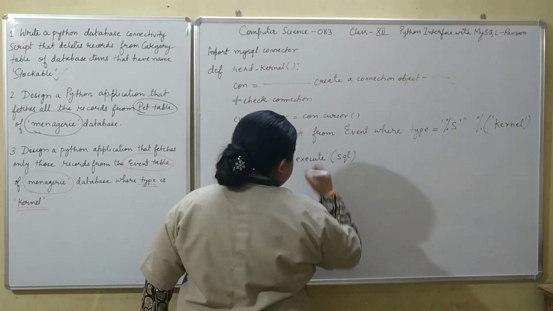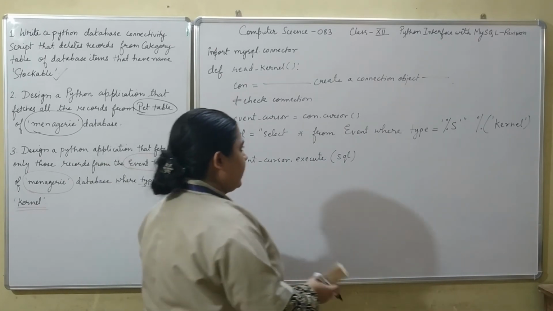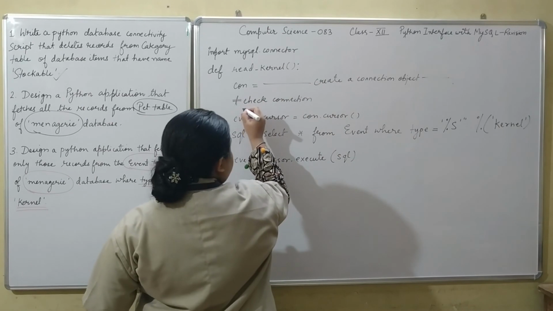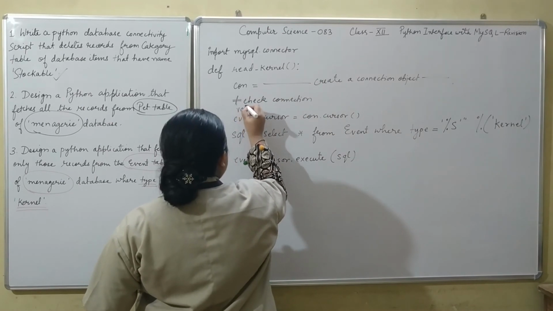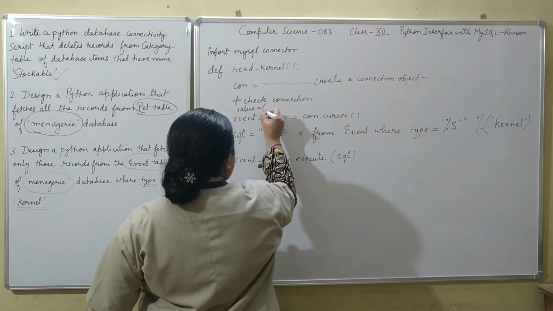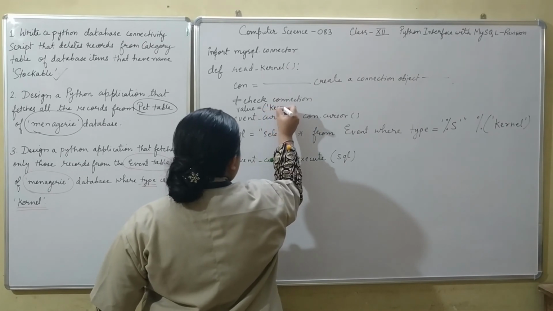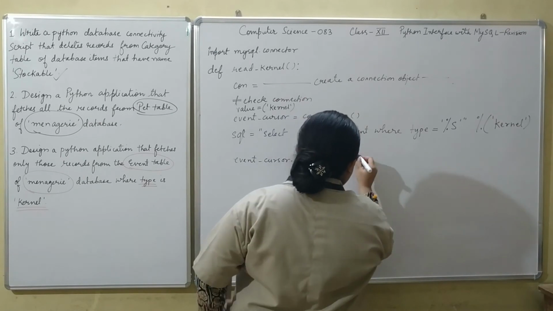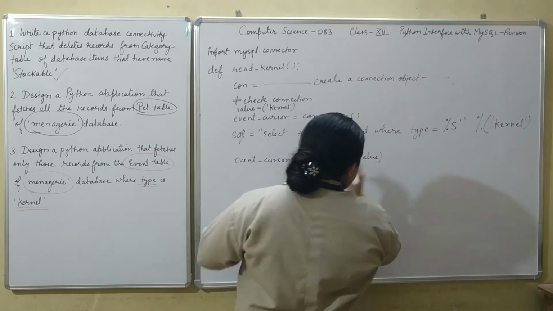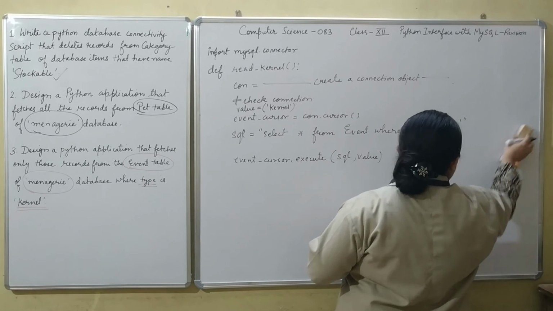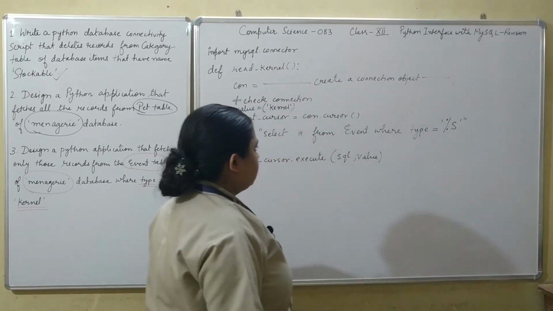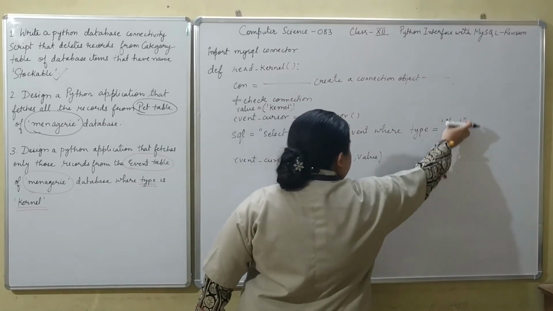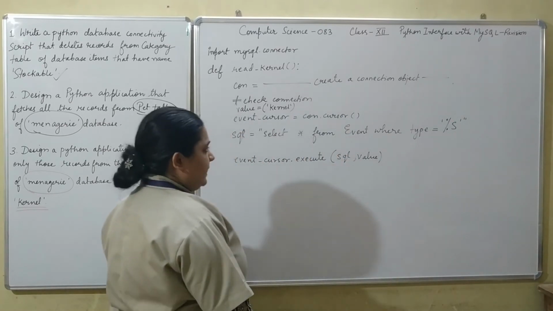Either I can do it this way, or I can simply create a tuple with the name value and provide the value kernel, and I can use it over here instead of providing it like this. So this kernel value will be passed and it will be used to replace this format string.